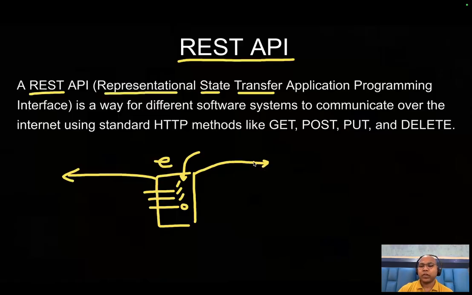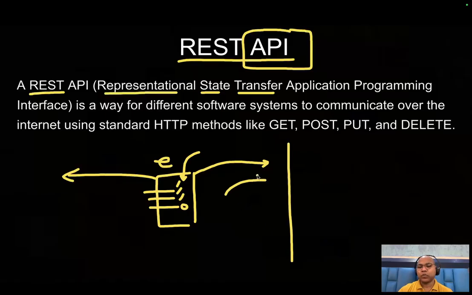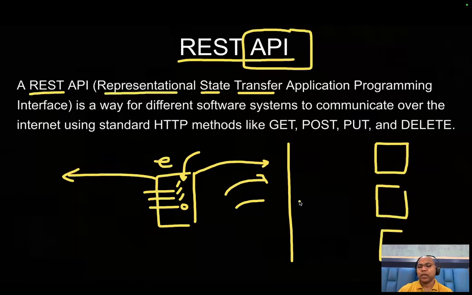So that is just one approach. API stands for Application Programming Interface. So this is the interface. API is the interface that is exposed so that a third-party application, my UI application, or any application can consume this API.